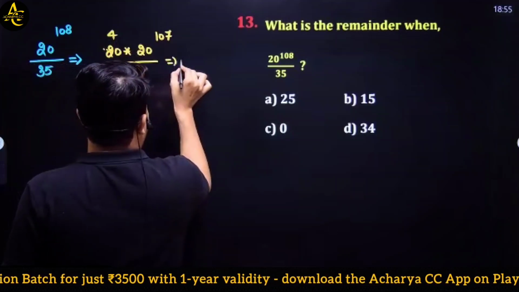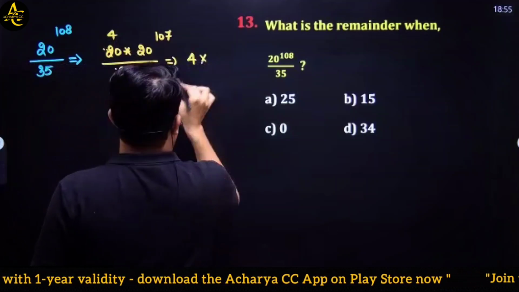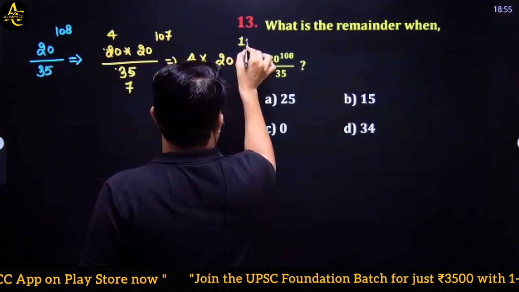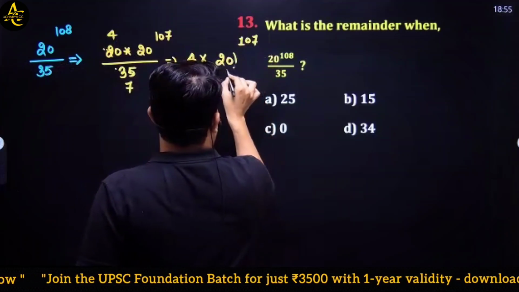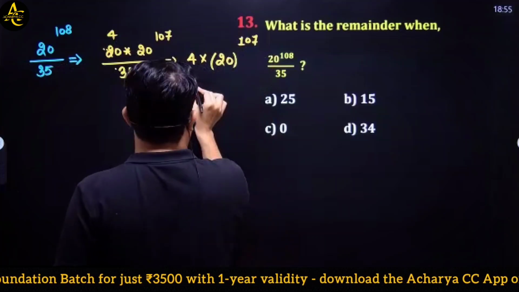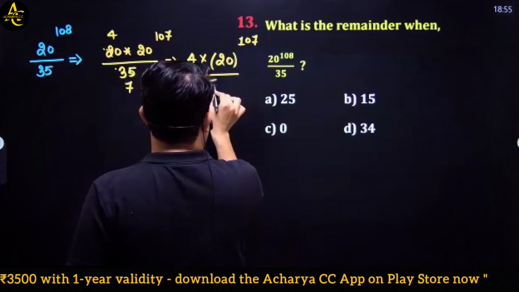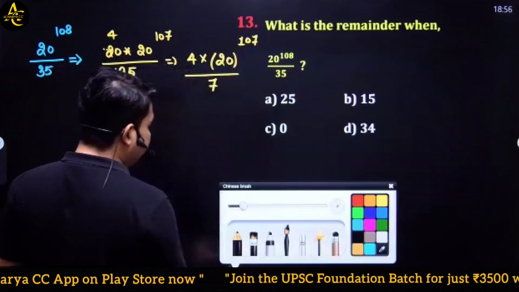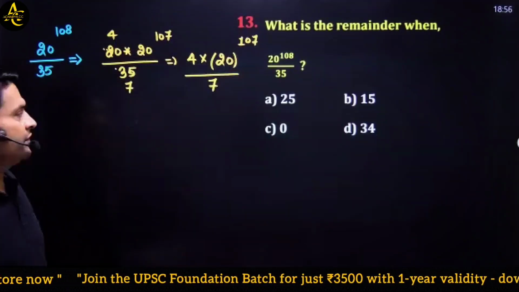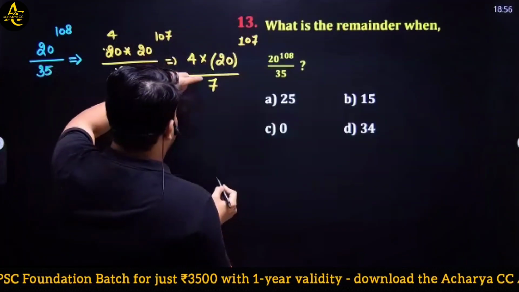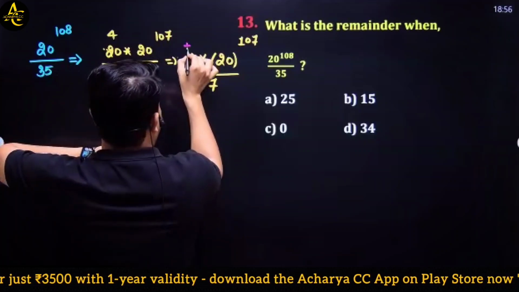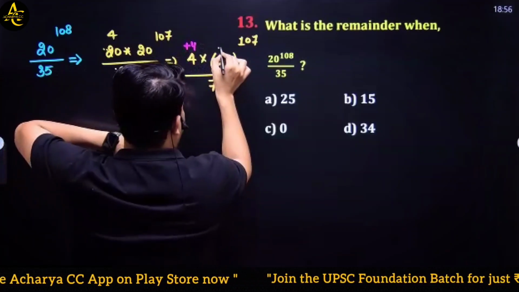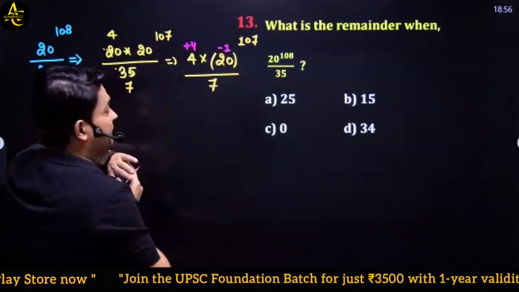It will become 4 into 20 to the power 107 divided by 7. Now this 20 is closer to 7. I know that 7 3s are 21. When I divide this 4 by 7, I get plus 4 as remainder. When I divide this 20 by 7, I get minus 1 as remainder.